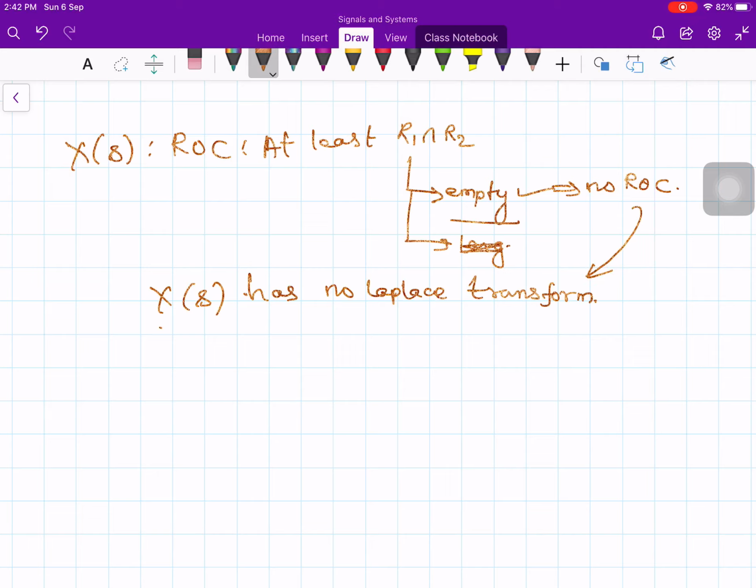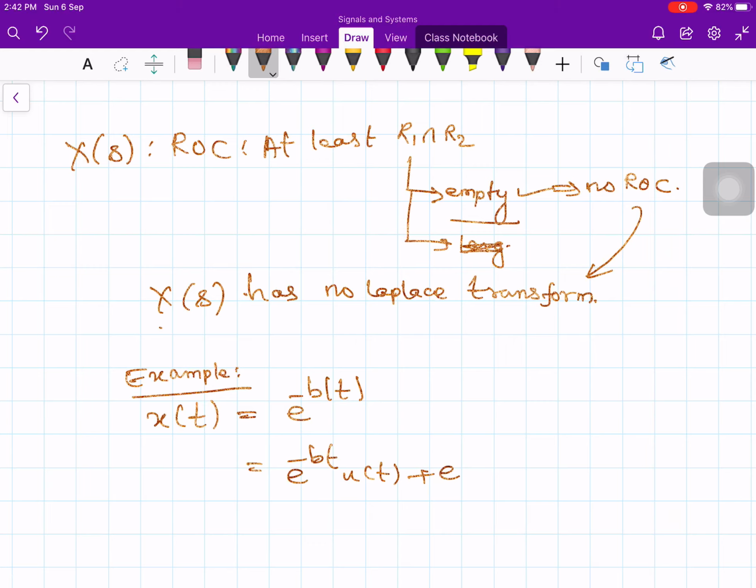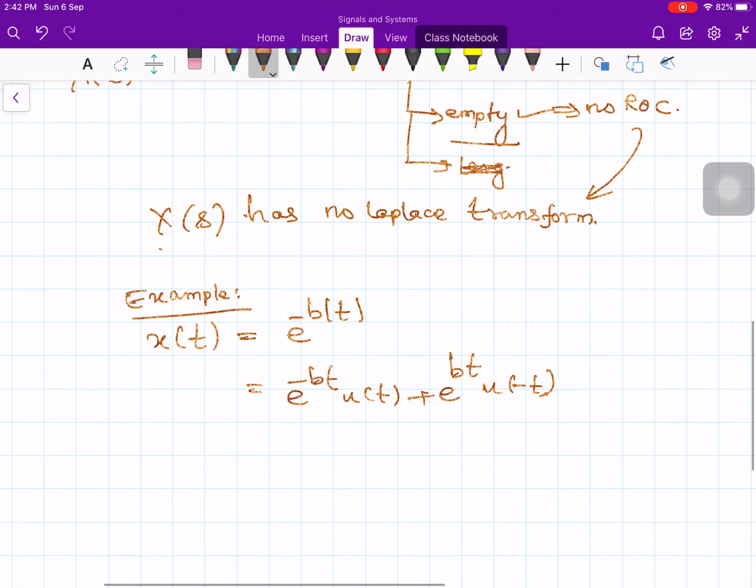For example, if you take x of t equal to e to the minus b mod of t, you can write this as e to the minus bt times u of t plus e to the plus bt times u of minus t. Now you take these individually.